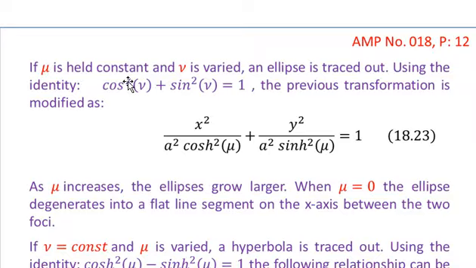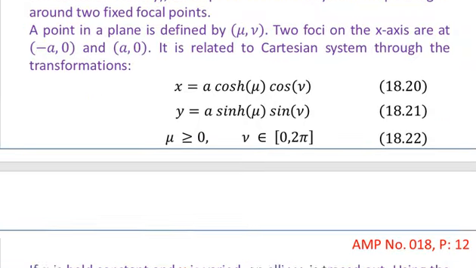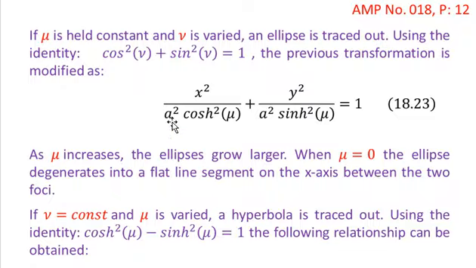If mu is held constant and nu is varied, an ellipse is traced out. So you see here a very important point. If mu is held constant, that is, we assign a fixed value for mu, but we change the value of nu, an ellipse is traced out. Using the identity cos squared nu plus sin squared nu is equal to 1, the previous transformation is modified: x squared over a squared cosh squared mu plus y squared over a squared sinh squared mu is equal to 1.